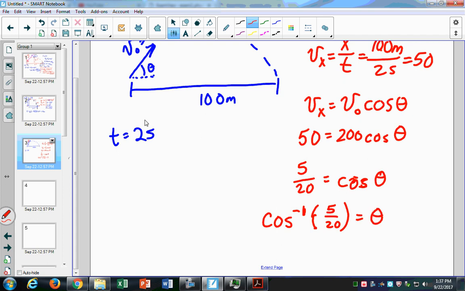That inverse cosine effectively eliminates that cosine. You might have a COS to the negative 1, and that is 75 degrees.